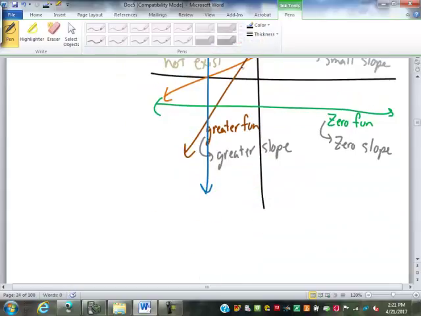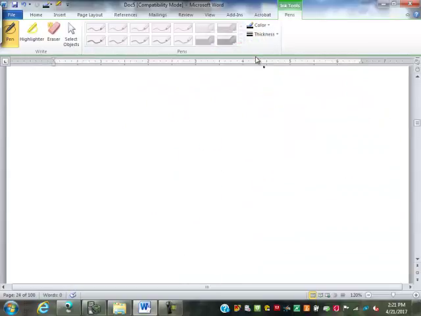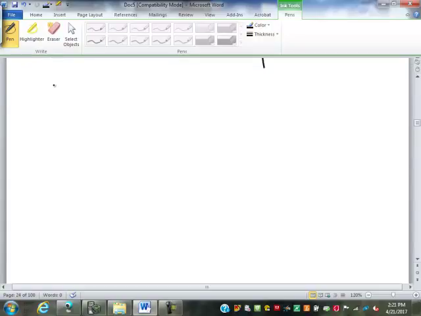Okay. So I want to look now at systems of equations that involve those x equals or y equals equations. So we might have 2x minus 3y equals 9.